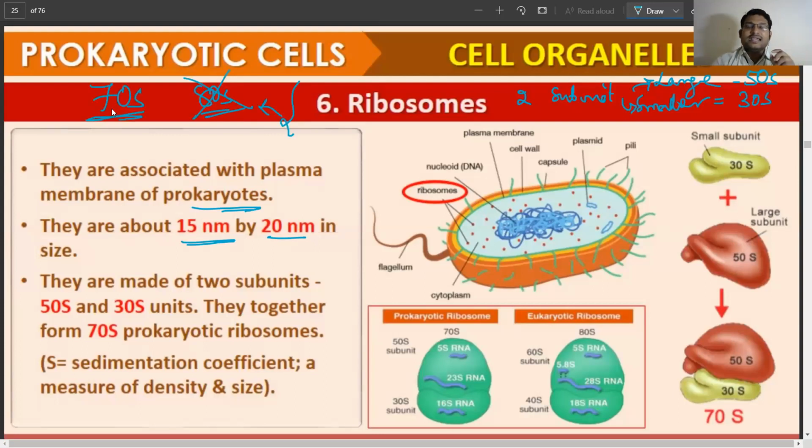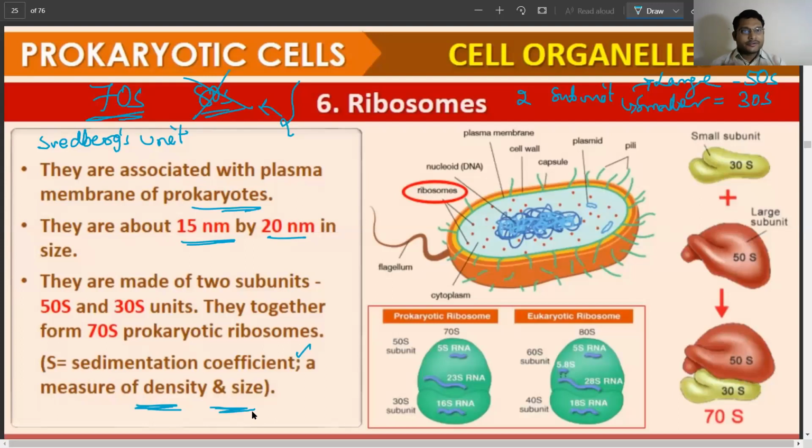Now, S stands for Svedberg unit. It is a unit to represent the sedimentation coefficient, which is a measure of density and size. When they are separate, these two have two different Svedberg units, 50 and 30.